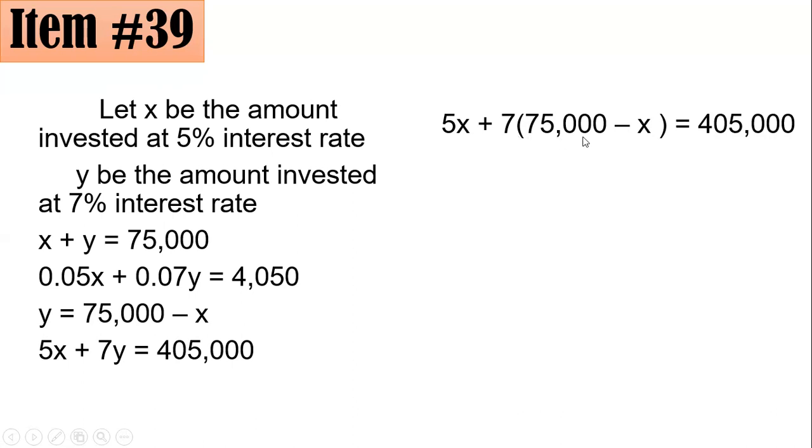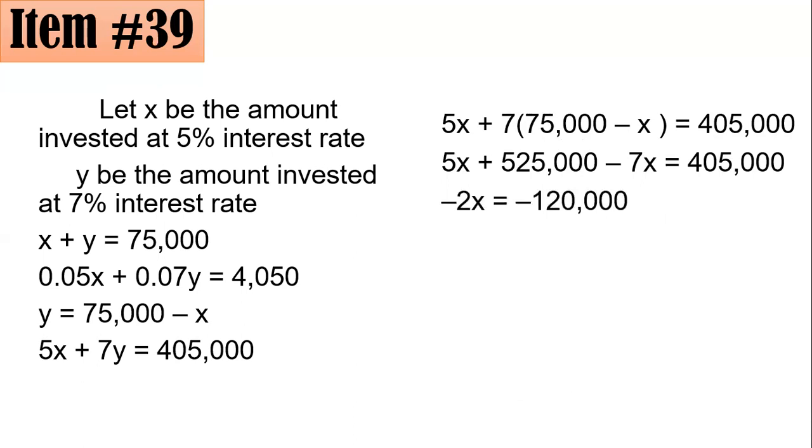Distributing this, you have 5x plus 7 times 75,000 is 525,000 minus 7 times negative x or negative 7x equals 405,000. Manipulating the equation gives negative 2x equals negative 120,000.